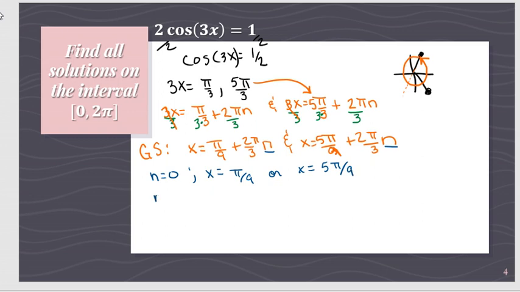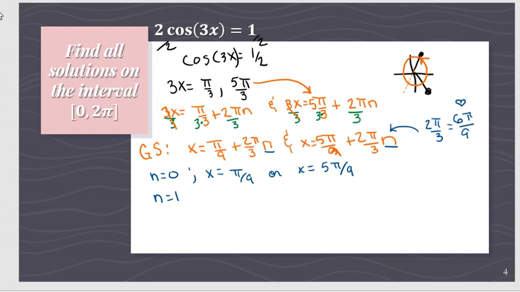Well, what if n equals 1? If n equals 1, the value that I'm adding to this is 2 pi over 3. I'm going to show you right here. But adding 2 pi over 3 to a pi over 9 is not all that easy. I need a common denominator. So this is equal to what over 9? Well, that means I have to multiply this top number by 3. So it gives me 6, and this is my magic number.